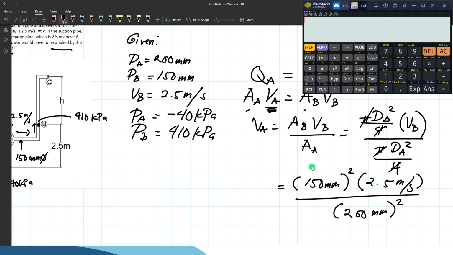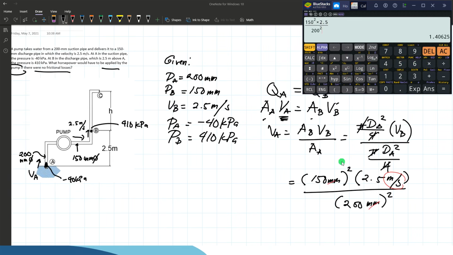I didn't convert millimeter to meter since the unit will be cancelled out on the numerator and denominator when raised to 2. So what unit will remain is just meters per second. The 150 squared times 2.5 over 200 squared.